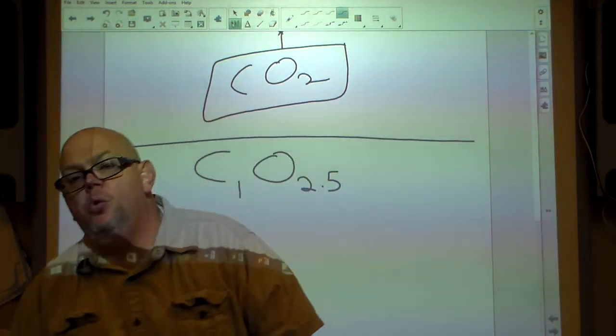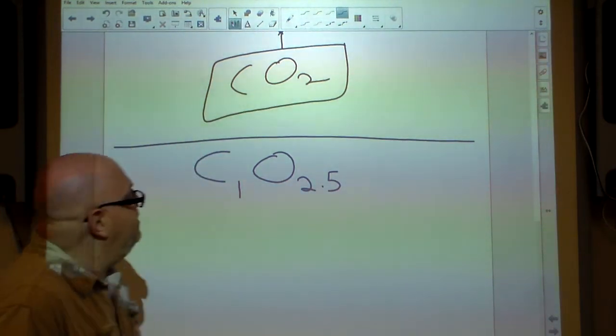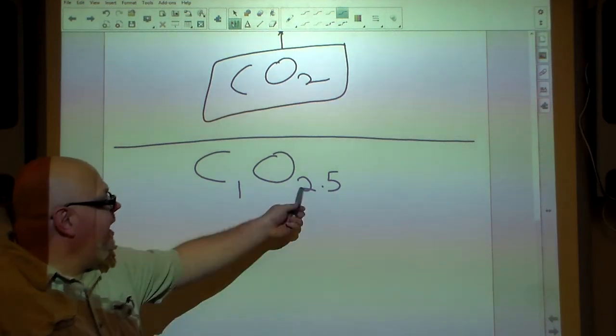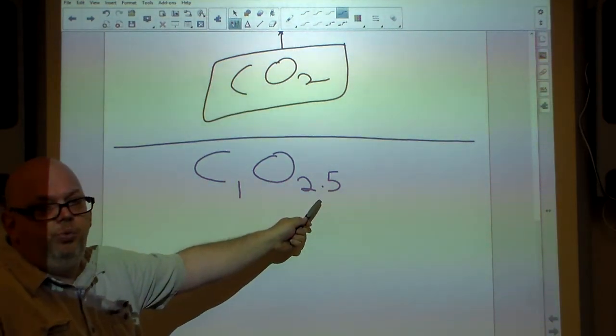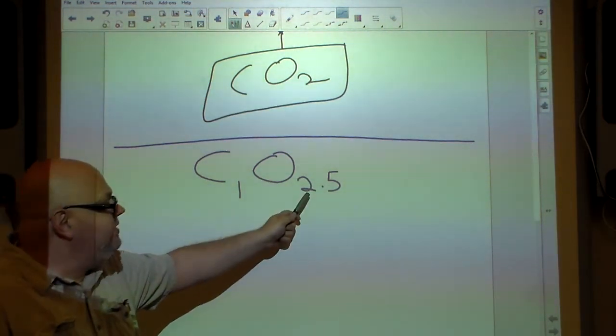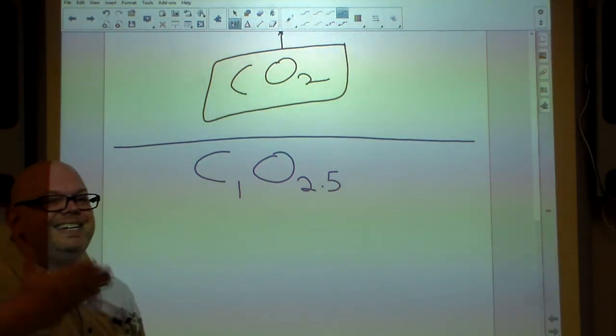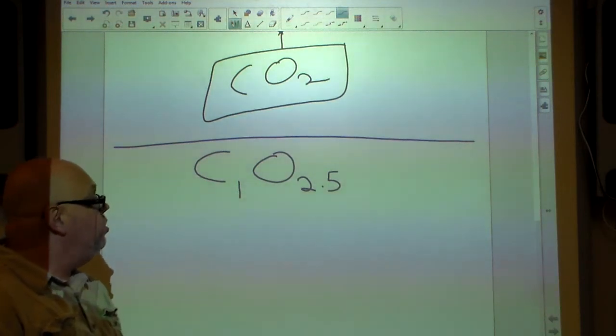This has got to be made into a whole number. The question now comes down to, what do I do? I cannot take this and round it up to 3. And I can't take this and round down to 2. I cannot do that. There is that half atom of oxygen there that's kind of annoying.